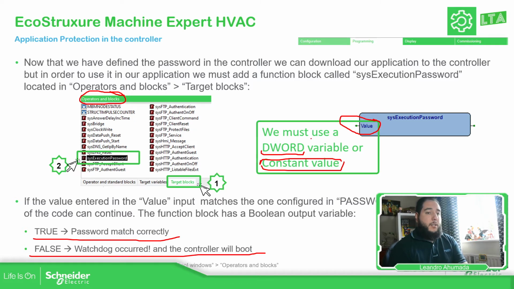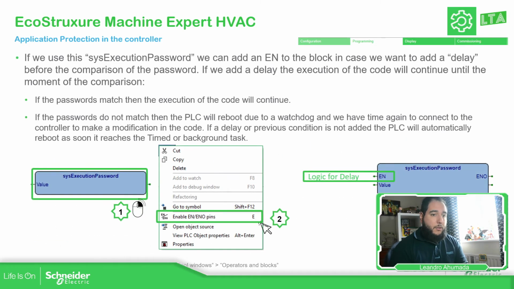Now, one thing that can happen is that, imagine you put this sys execution block in one of the tasks. If you put it like this, with the constant value or using the dword variable, the PLC will compare the value it has at the input with what you have.